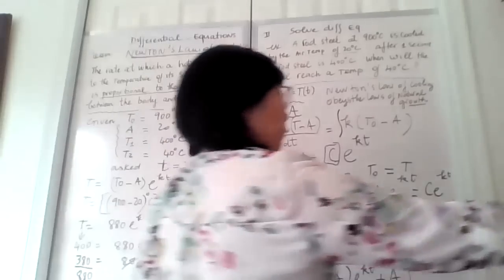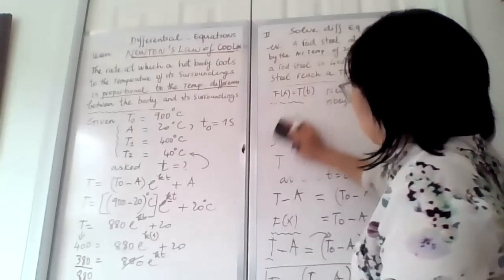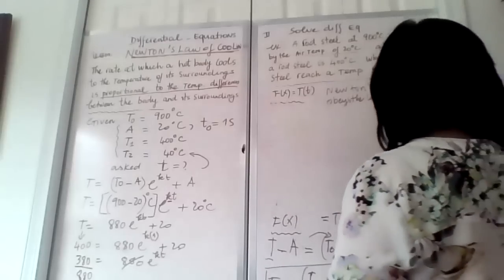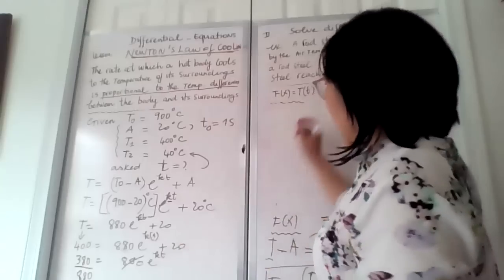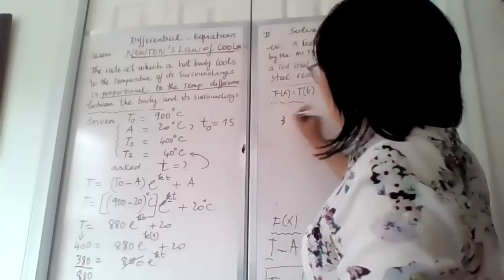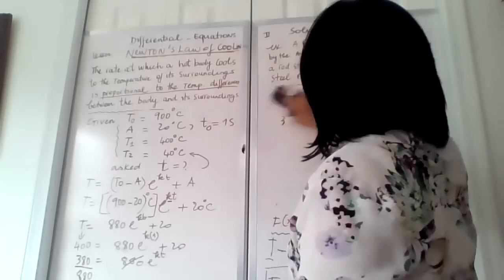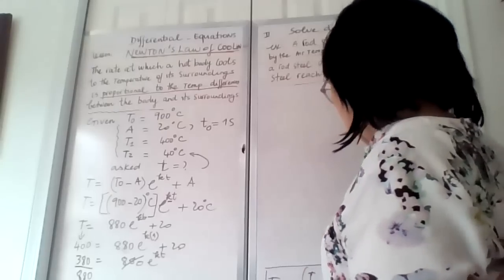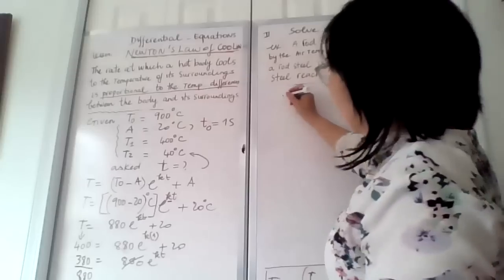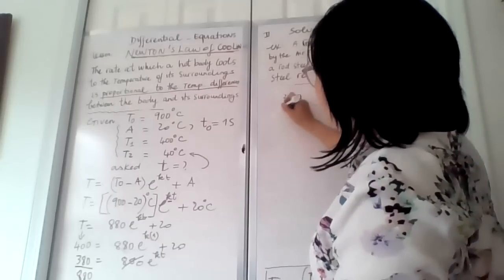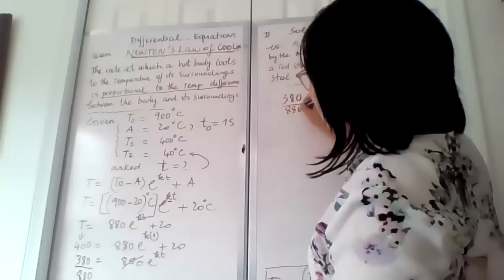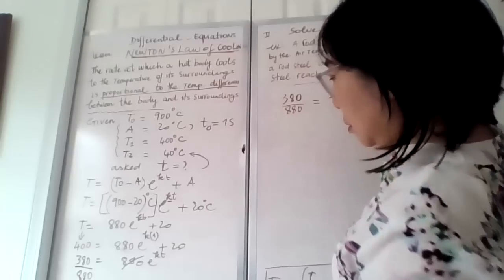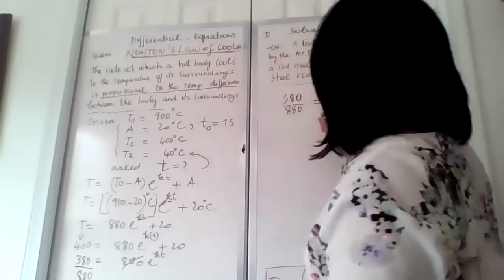So we have this equation: 380 divided by 880 equals e^k. Okay.